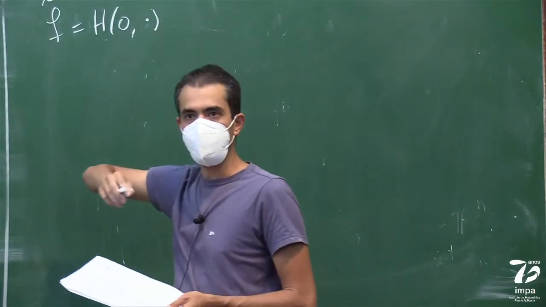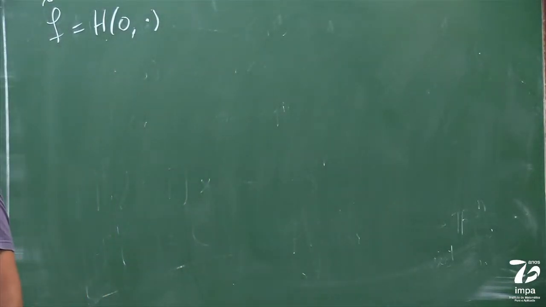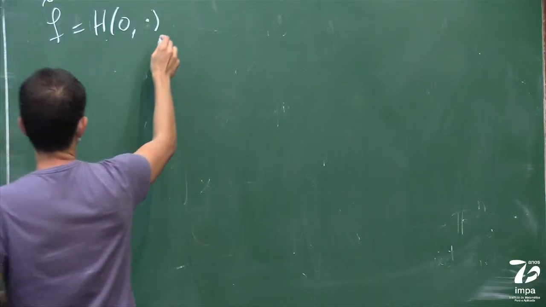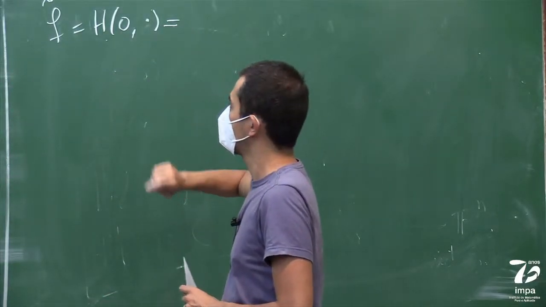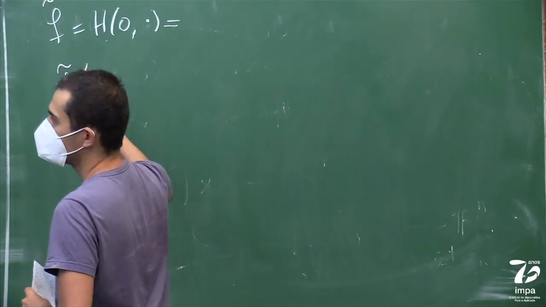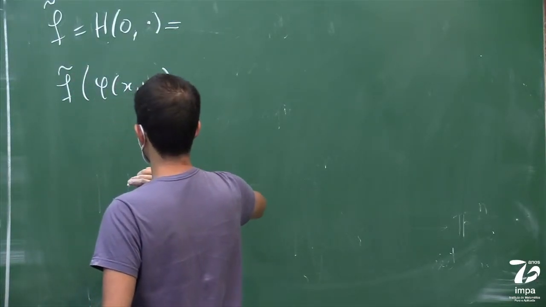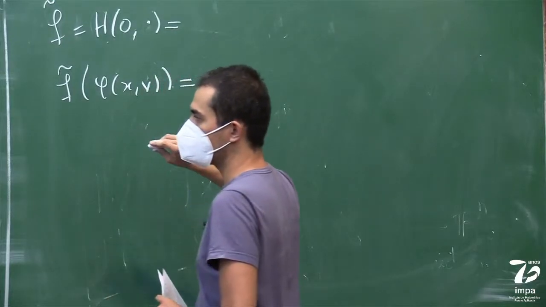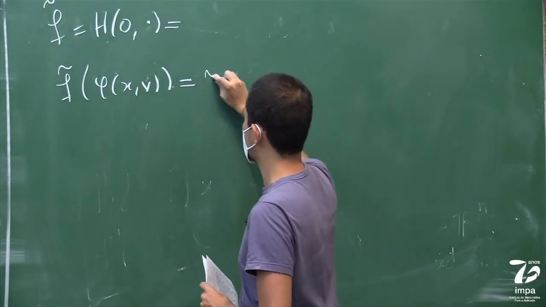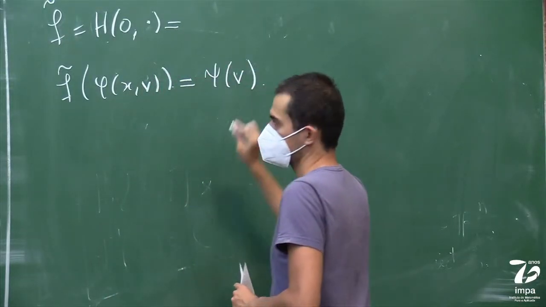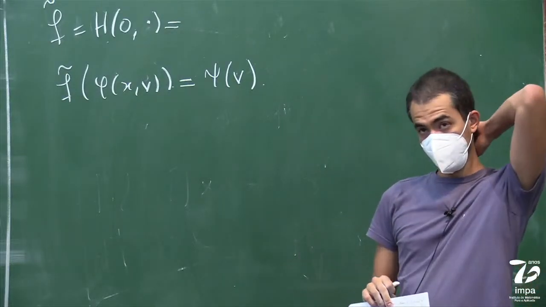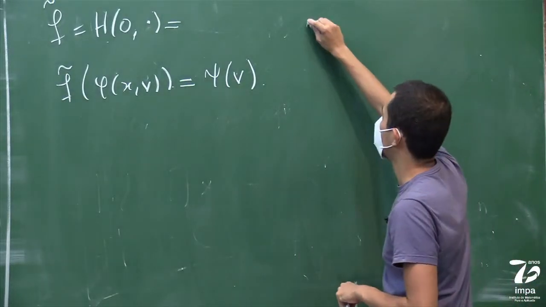And by construction, it satisfies this property, because h of 0 dot applied to phi of xv is just equal to psi of v, where psi is my stereographic projection.